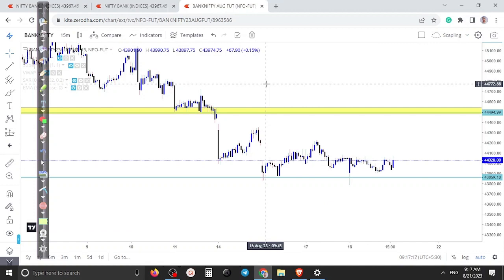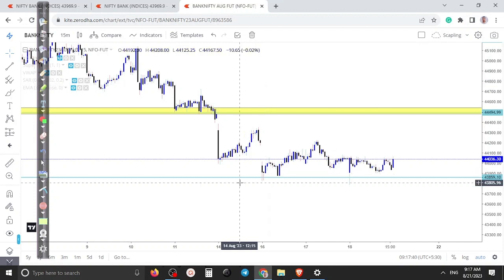To use the V wave, we must use this future chart. In TradingView you can use that, but I'm not using TradingView most of the time because the data is a little bit delayed. So that is why I'm not using it.